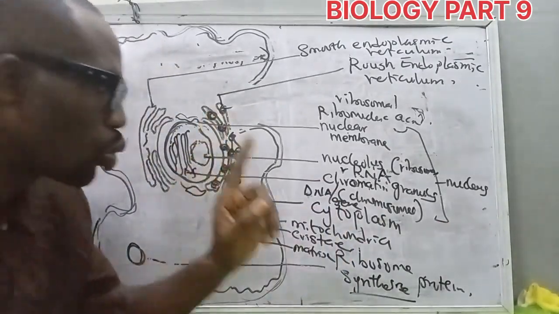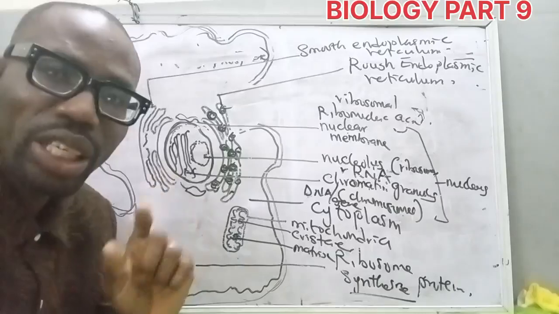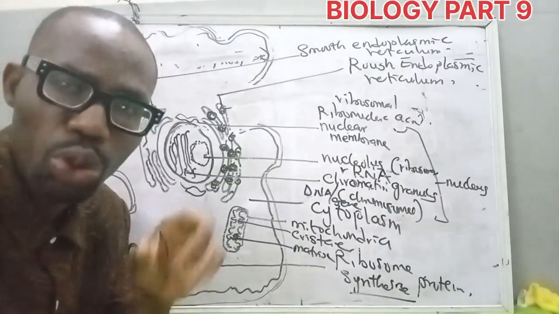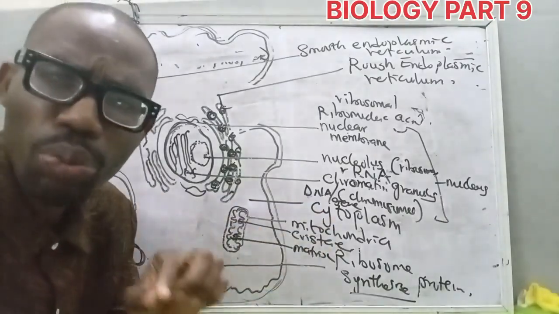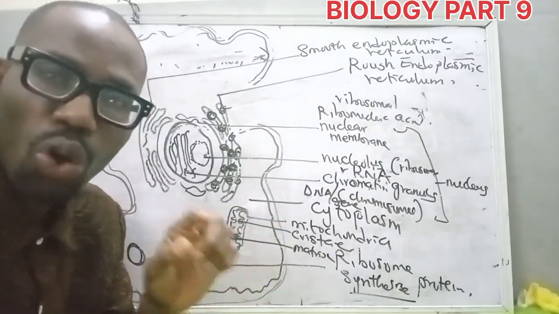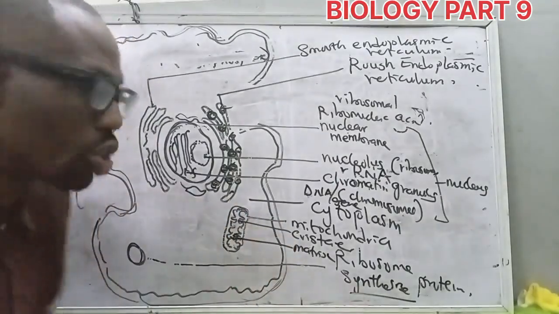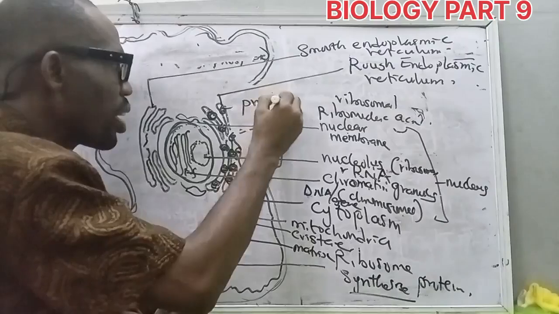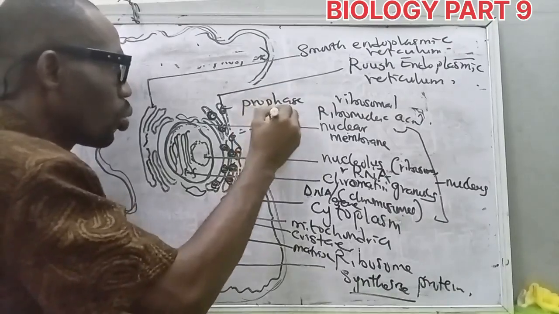Now, I want you to know something, that in a cell, the chromosome becomes visible during cell division. And this visibility occurs at the prophase stage. Visibility of the chromosome occurs at the what? Prophase stage. Okay?